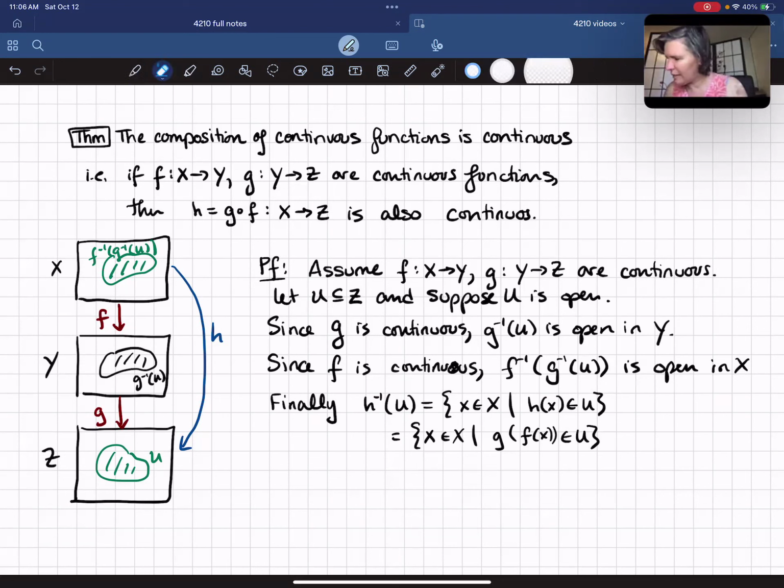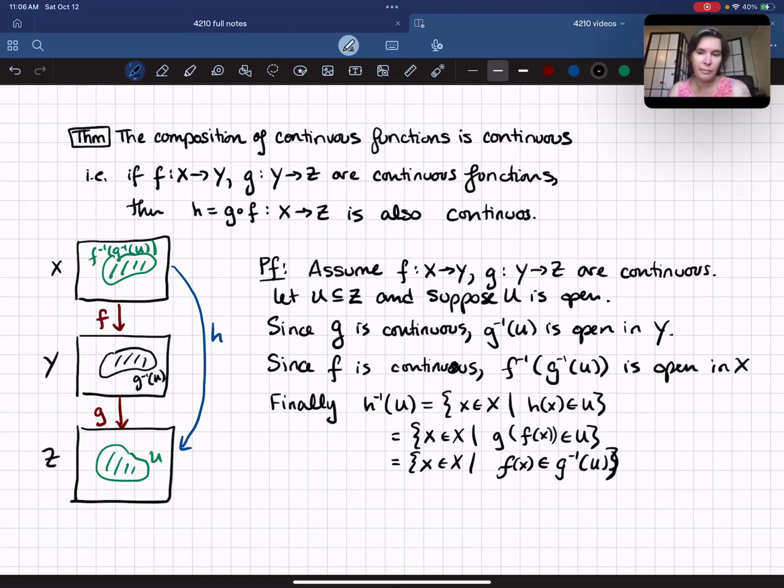This is the set of all little x in capital X such that f of x is in g inverse of U. That's the meaning of being in g inverse of U, that g of f of x is in U. And then this is f inverse of g inverse of U. And so therefore h inverse of U is open in X.